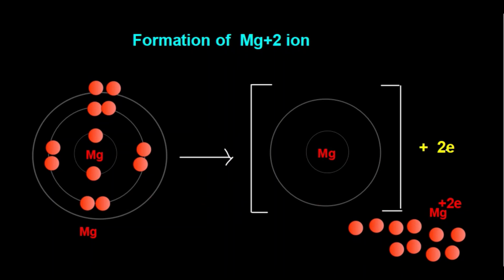So we will see what the electronic configuration for the magnesium ion is. The magnesium ion has 2 electrons in the K shell. Here we write 2 electrons and 8 electrons in the L shell.